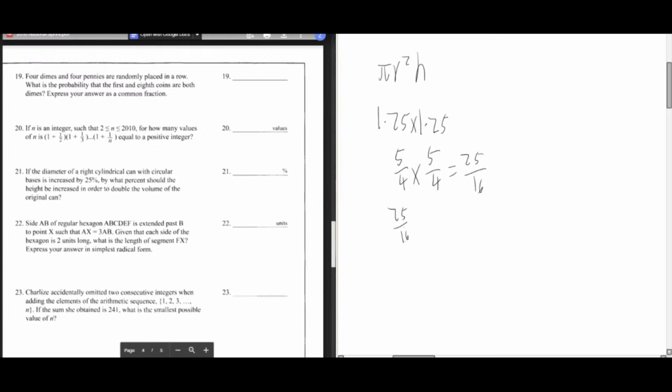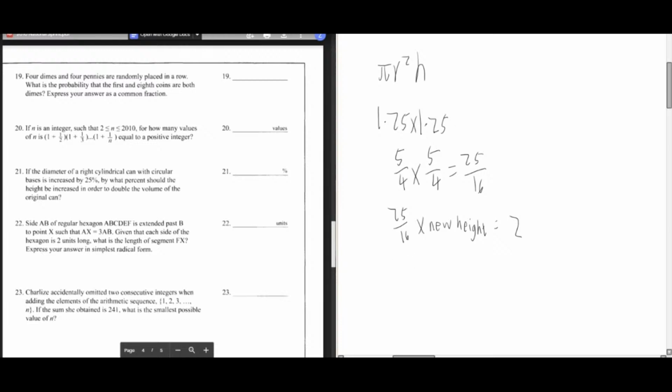Now we're looking for how much we need to multiply the height by, so by what percent should the height be increased in order to double the volume of the original can. So basically 25/16 times the new height factor equals 2. That's not that bad. You just divide 2 by 25/16.